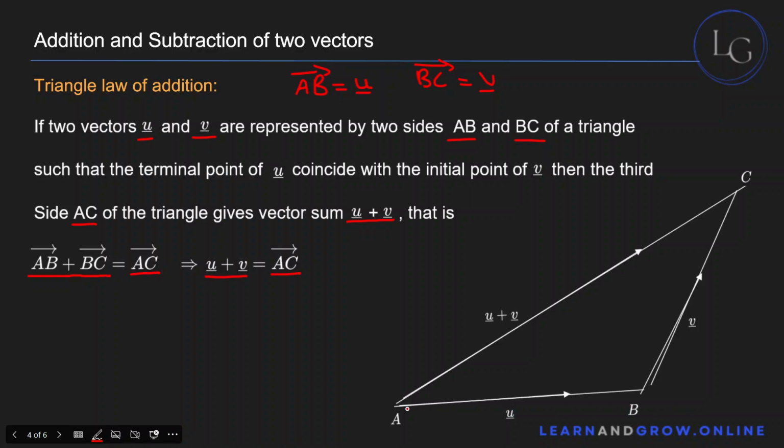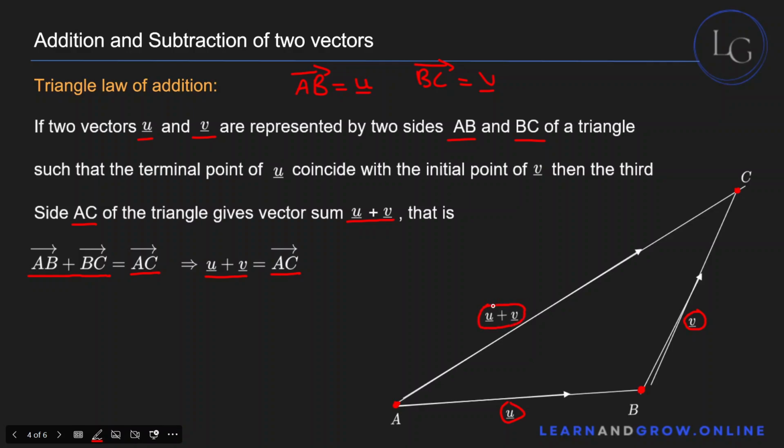Here's an example. This side, AB or u, and the terminal point of AB, which is this point here, is the initial point of BC. Simple. And BC is v. So if you draw a vector from A, the initial point, to the terminal point of C, that will give you AC, which is u plus v.